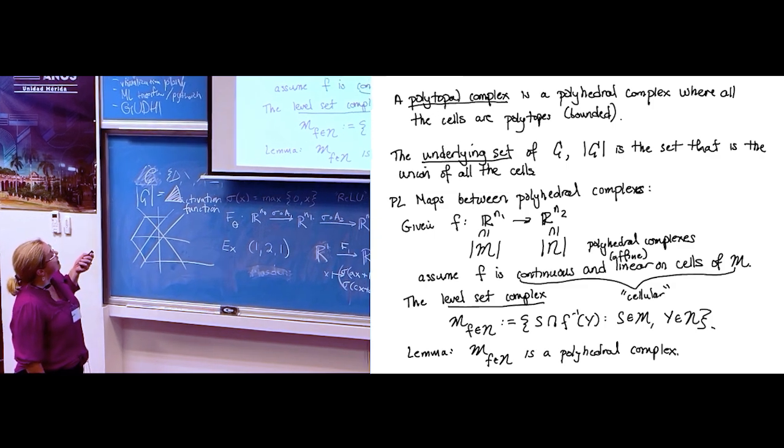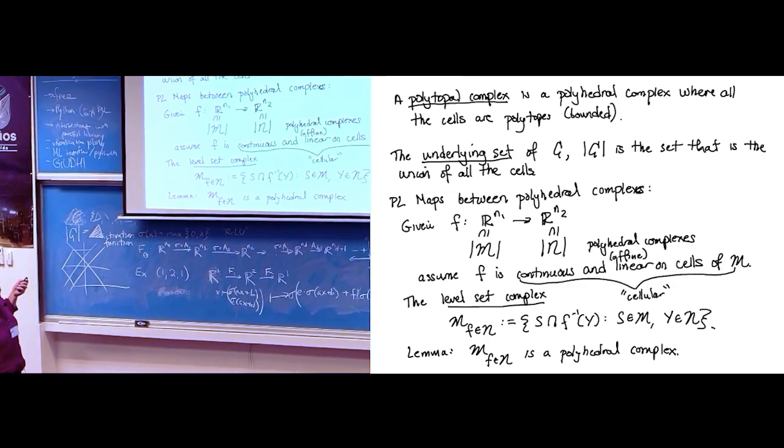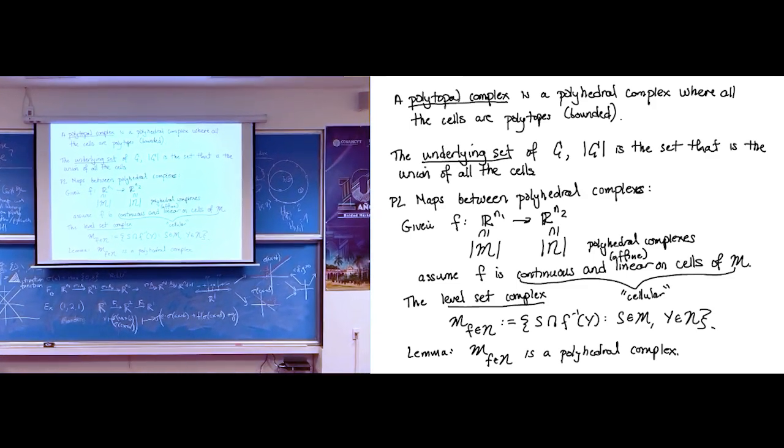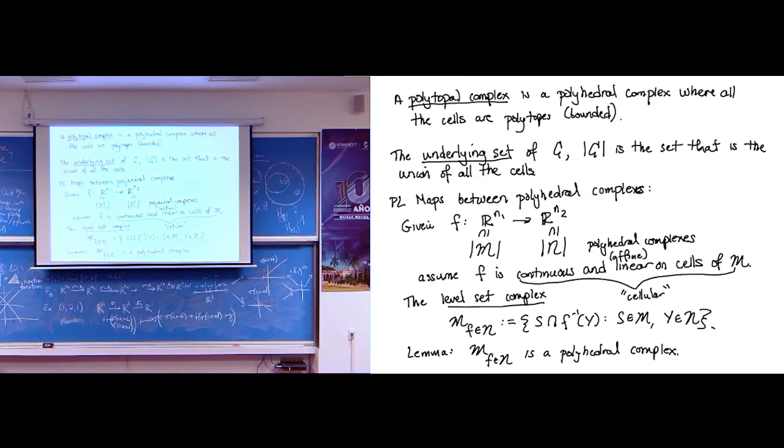So next, let's talk about piecewise linear maps between polyhedral complexes. We've got a function f, and it goes from, in this case, R^n1 to R^n2. Let's say we've got a polyhedral complex M that lives in R^n1, and another polyhedral complex N that lives in R^n2.